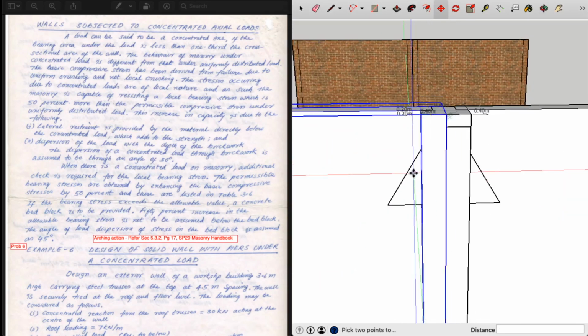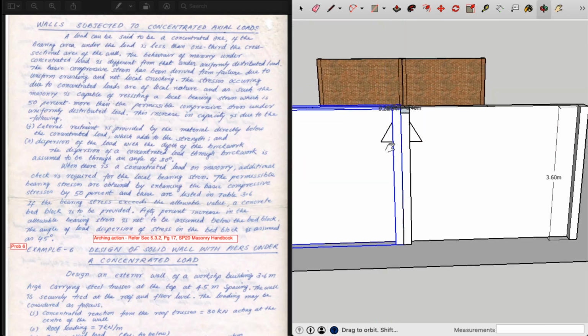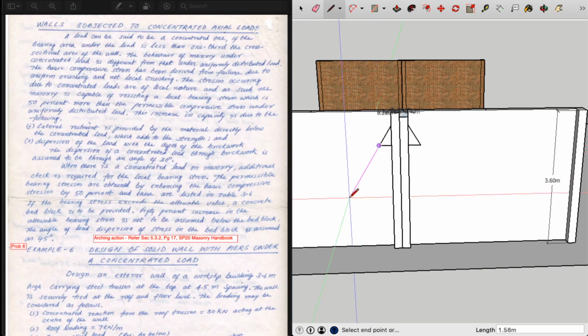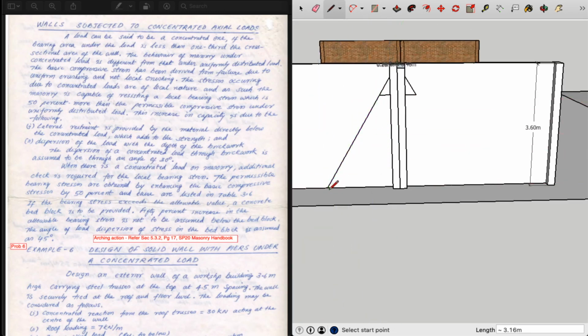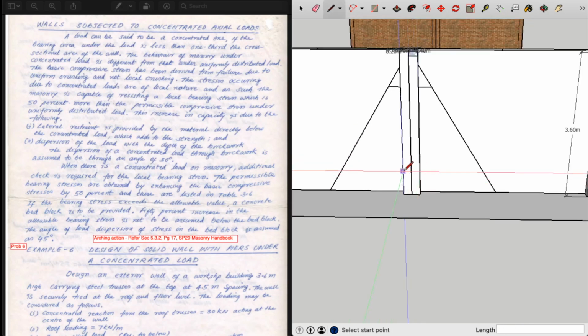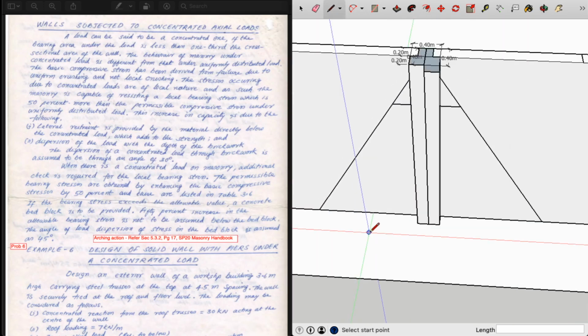So if you try to extrapolate these triangular lines all the way till the base, till the end over here, just extending those lines all the way till here, the span encompassed between these 2 points is what we are considering for the load.